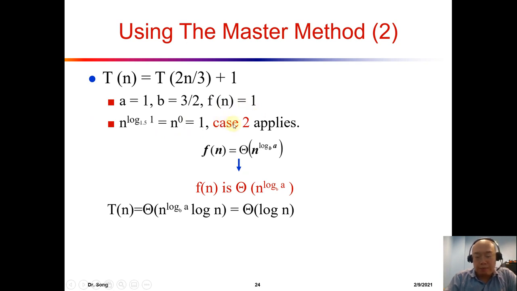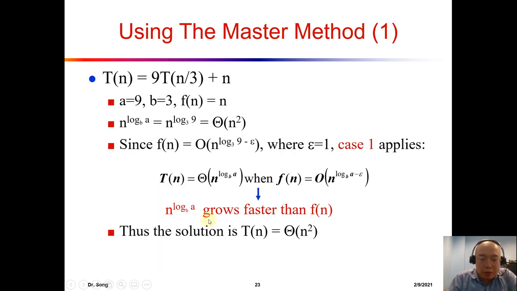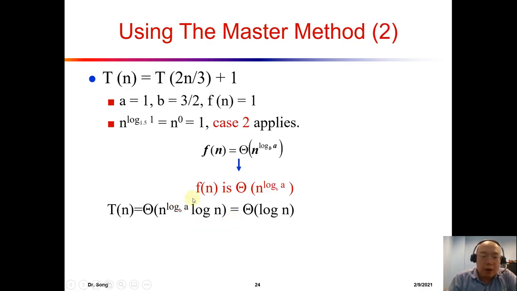So case 2 applies because f(n) is a constant, and theta of n to the log_b a is also constant. So that is definitely case 2. And then how do we solve case 2? Case 2 is n to the log_b a and then log n again. So f(n) is theta of n to the log_b a, and that is true.